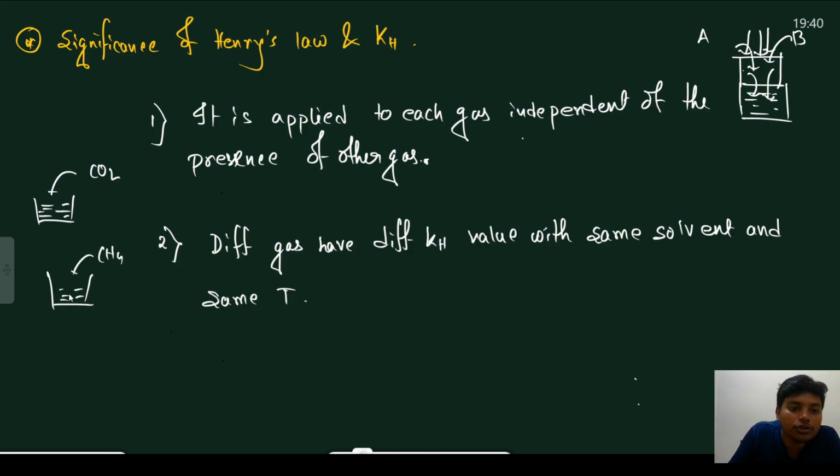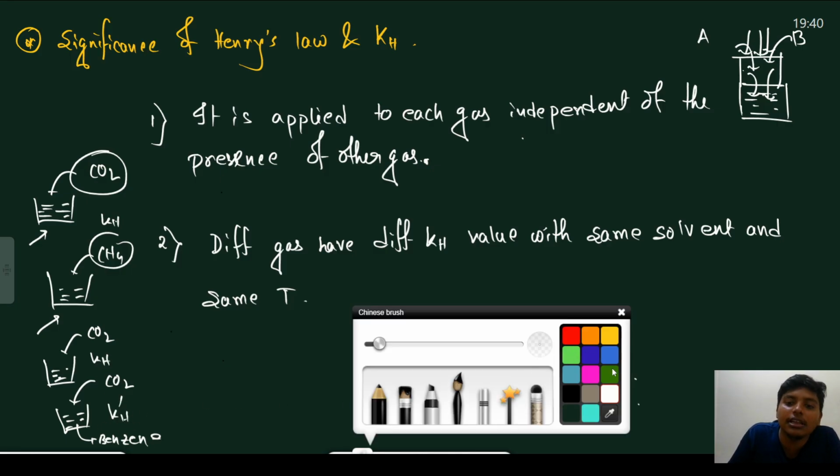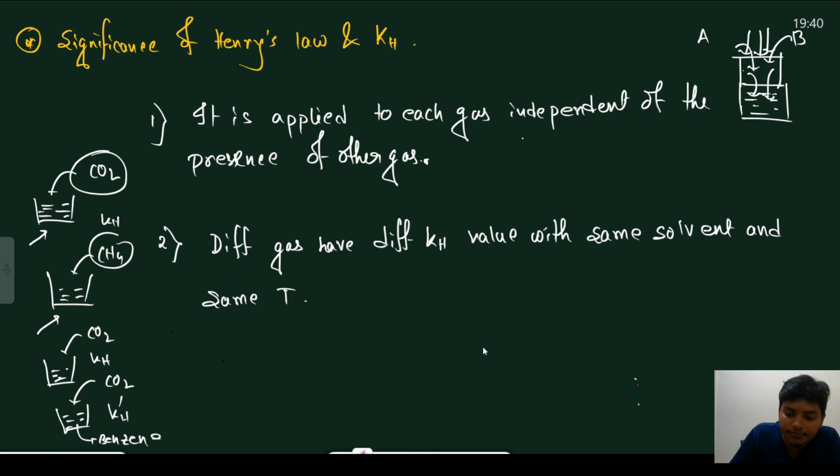The solvent is the same, temperature the same, so CH4 and CO2 have different Kh values. Now, I take one glass of water and add CO2, but in the other I take benzene, a non-polar solvent, and carbon dioxide is also non-polar. For this also Kh is different. And if we change the temperature, then also Kh will become different. Clear?